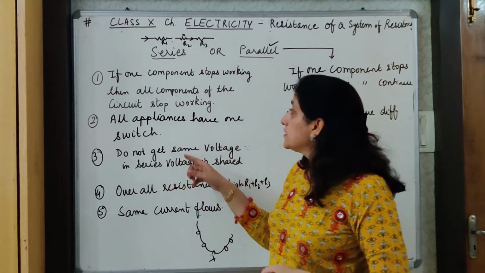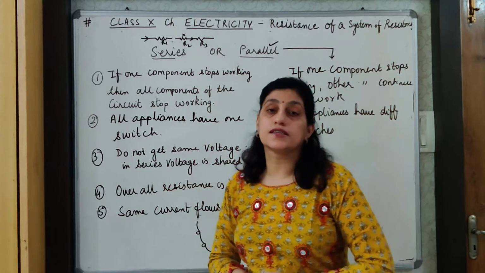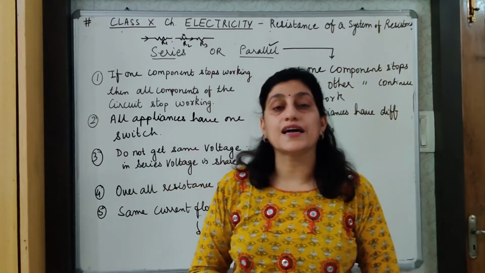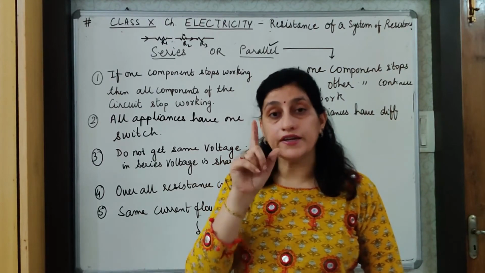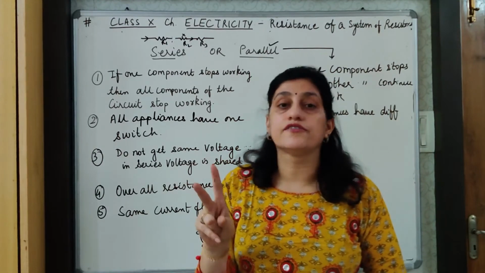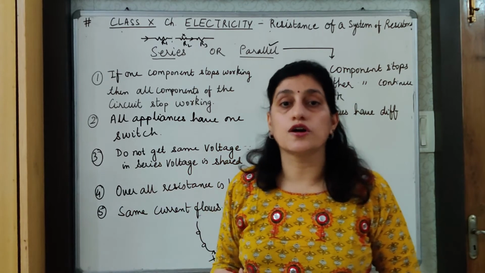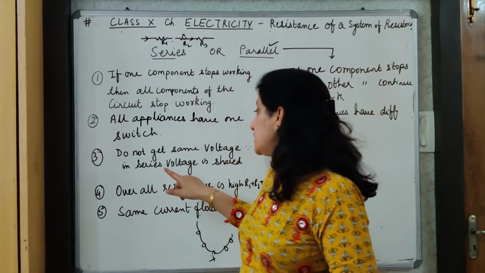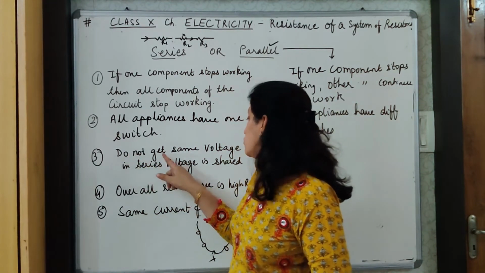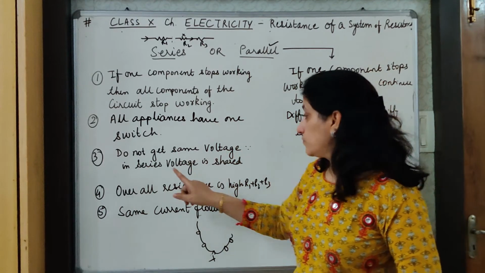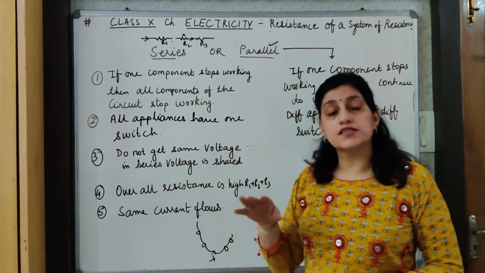Then the next is, we just studied in the series and parallel combination that in series the current remains same and potential difference is divided along the components. So in series the components do not get the same voltage. In series the voltage is shared.